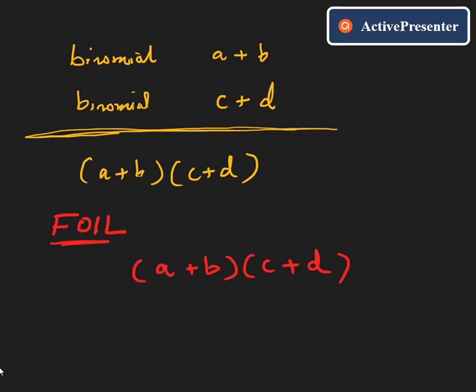So F stands for first, O stands for outer, I stands for inner, and L stands for last. So what is the FOIL method? We start with F. This is called first.